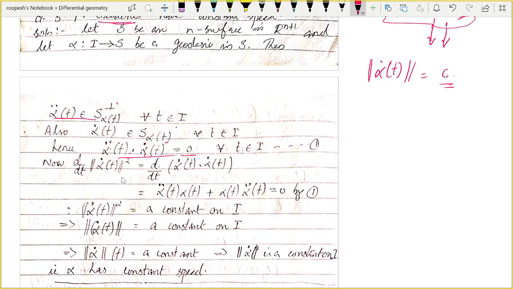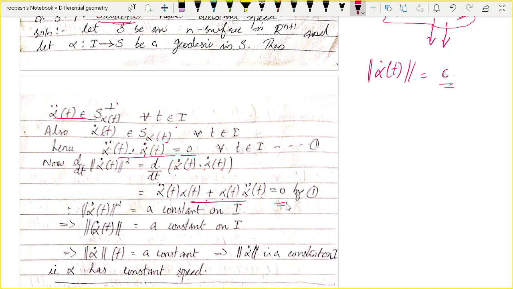Now finding its derivative, d by dt of |alpha dot of t| squared is equal to d by dt of alpha dot of t dot alpha dot of t. Its derivative is alpha double dot of t dot alpha dot of t plus alpha dot of t dot alpha double dot of t, and this value we have already found by equation 1, and it is equal to 0.